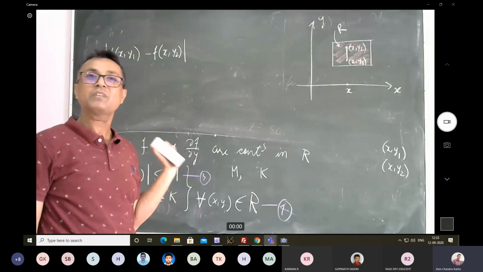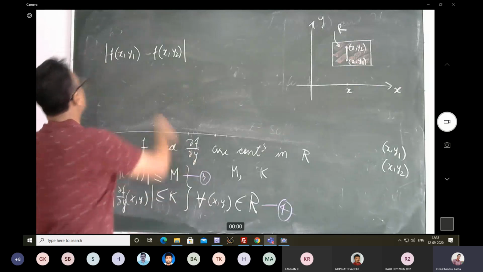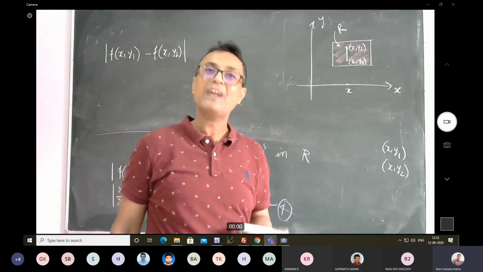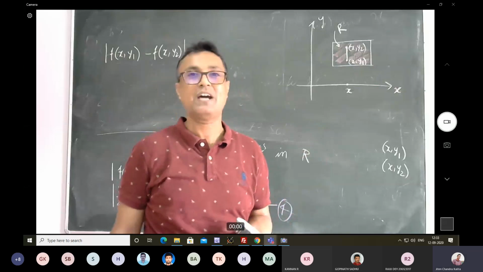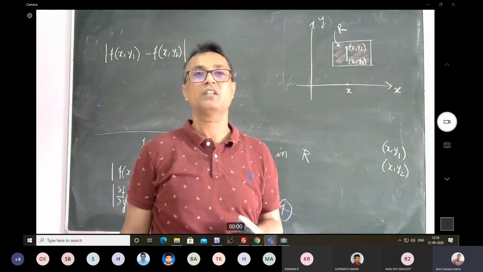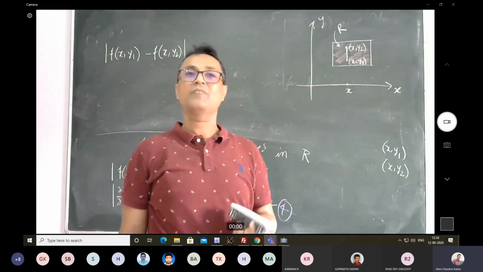I am assuming that I am taking it along the same vertical line. So I can consider both of them simply to be functions of y only. Even if it is a function of both x and y, because I am keeping x fixed, I can think about the partial derivative of this function with respect to y, because I am not varying x.